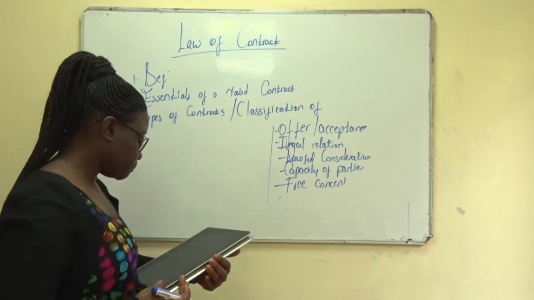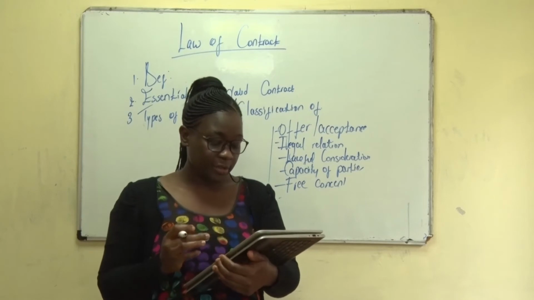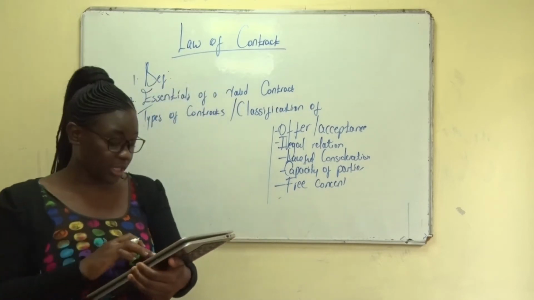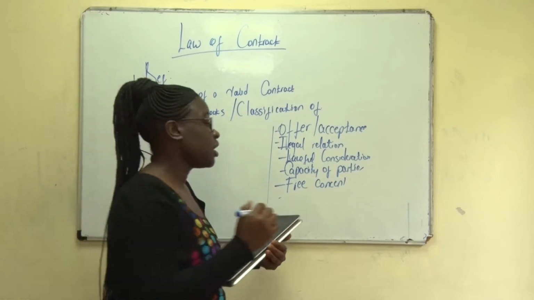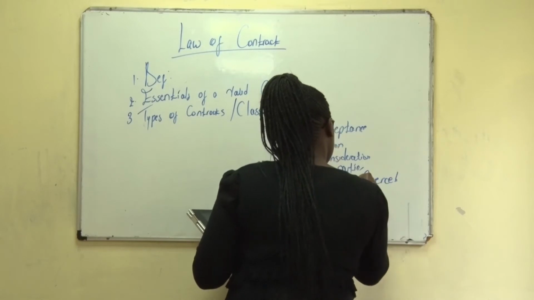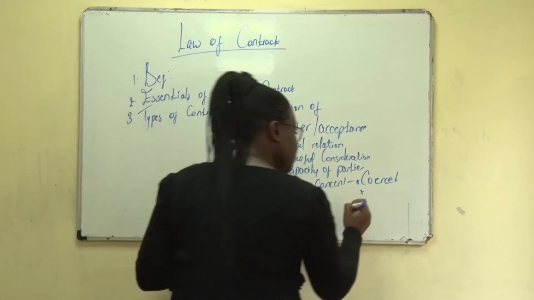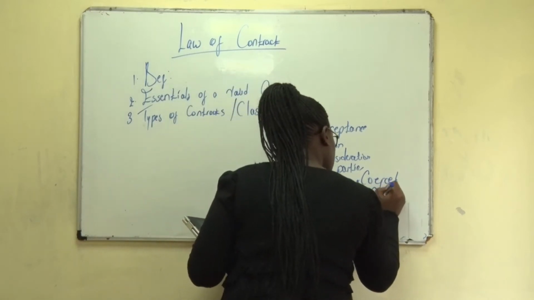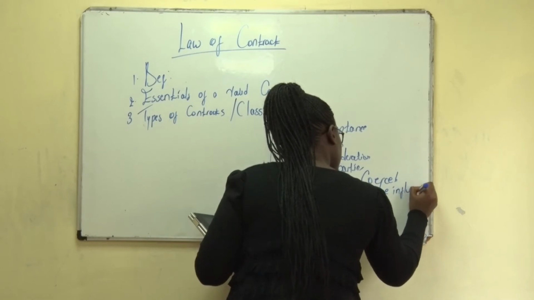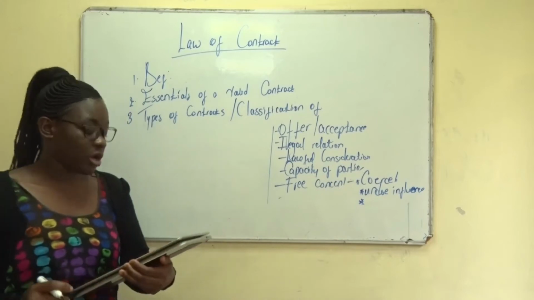And then still under free consent, if there is an absence of free consent, we are simply going to say that either someone has been coerced, meaning you've been forced. Number two, we can say that there is undue influence, meaning there's some little bit of force that has been used or influence.